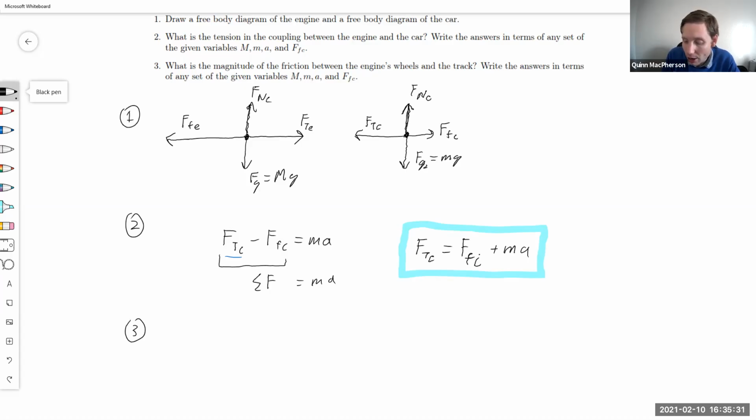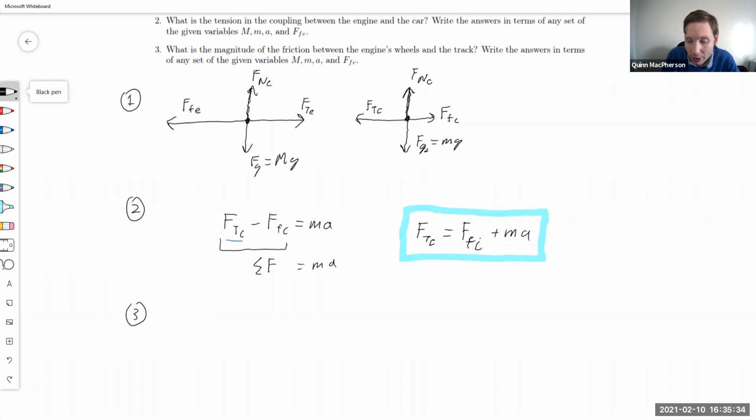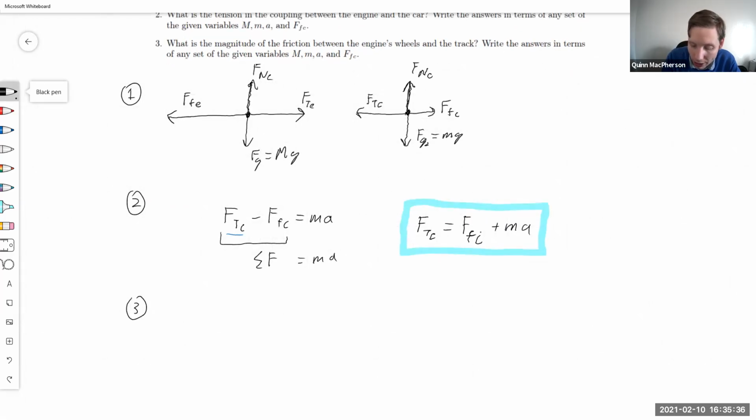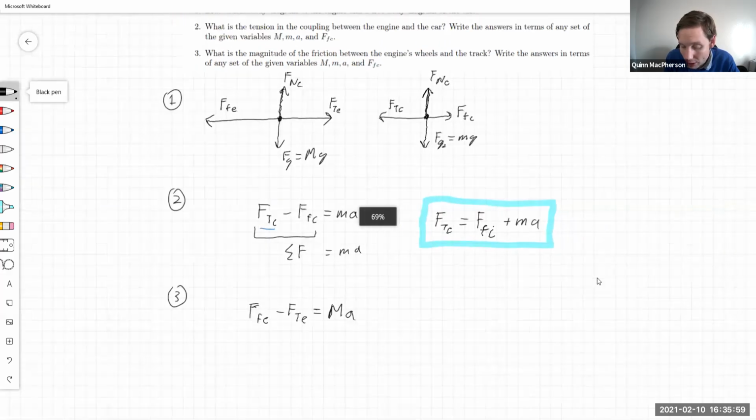Okay. We can do the free body diagram of the engine now. So we have force friction engine minus force tension on the engine, which is equal in magnitude to force tension car, is equal to big Ma, because the big M corresponds to the mass of the engine.